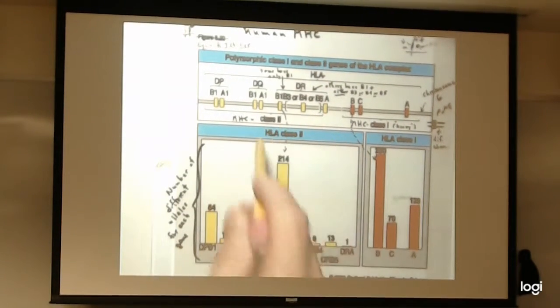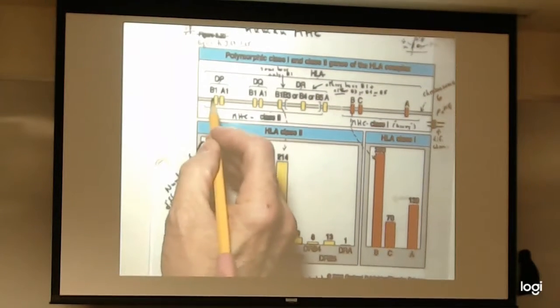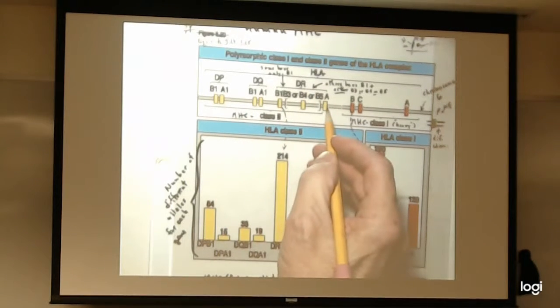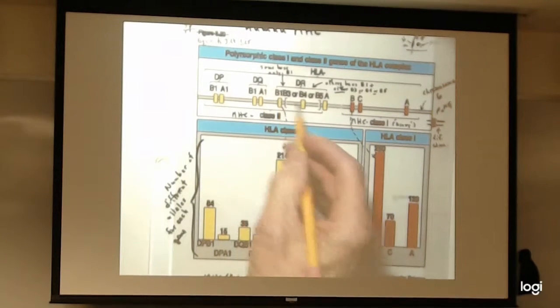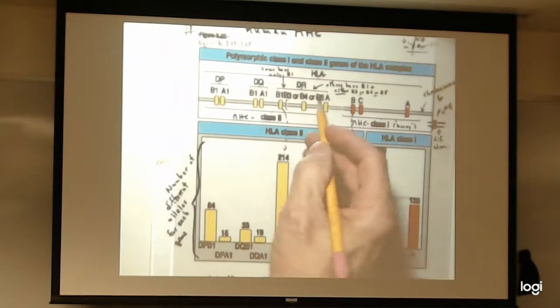For DP, it's A and B, DQ, A and B. For DR, it's A and B, but it could be B1, and then we could also have a B3 or a B4 or a B5.